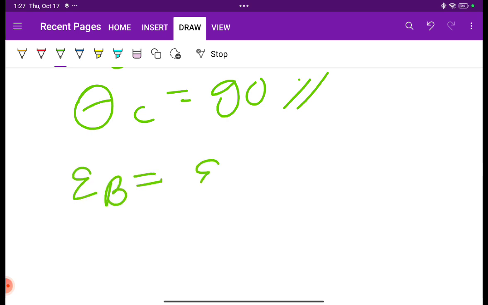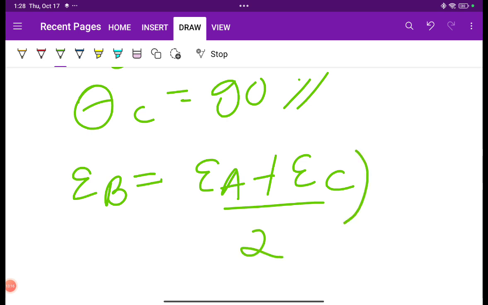will be equal to sigma A upon 2, plus sigma C upon 2, plus 0, plus gamma xy upon 2.